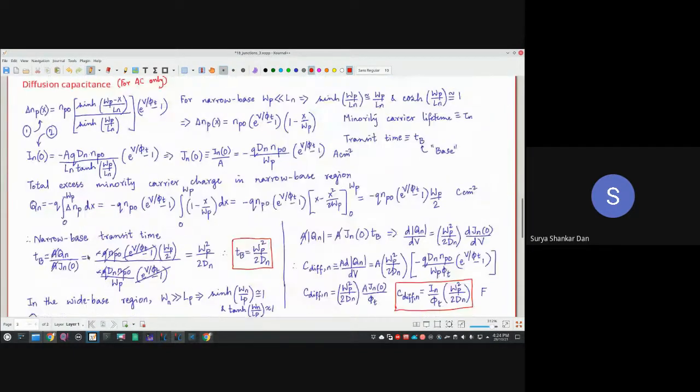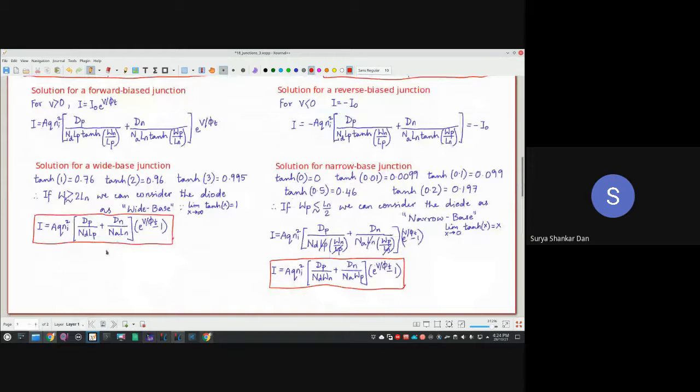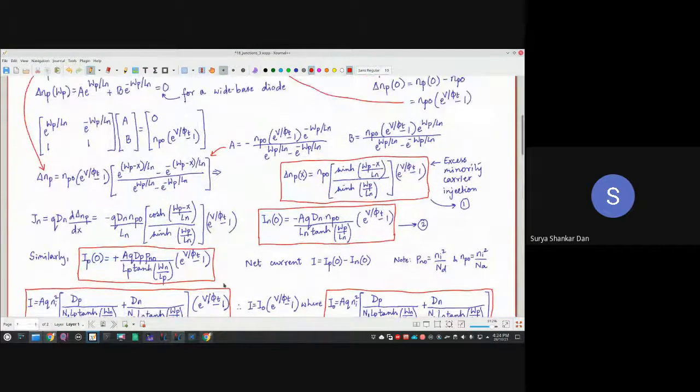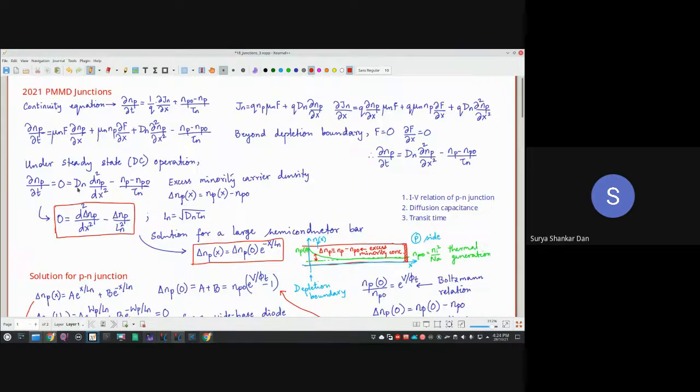I will show you how it is done later, and that will be related to the diffusion capacitance. But as of now, if we consider the diffusion part, then the variation will be Q Dn del n del x. That was the first relation that we wrote here as well.